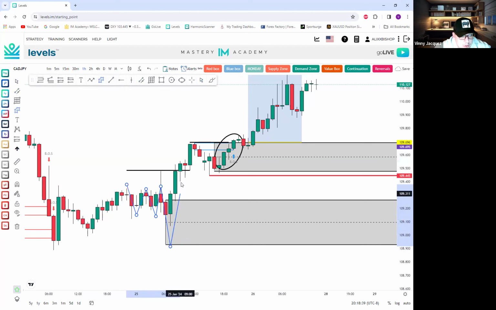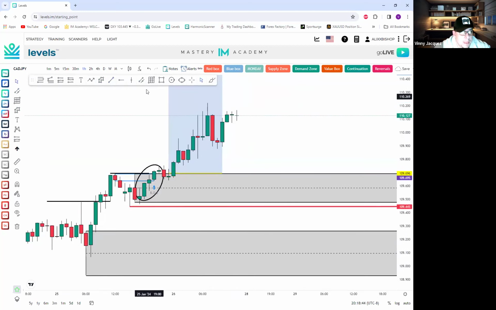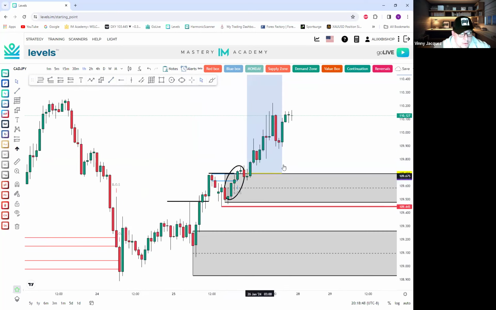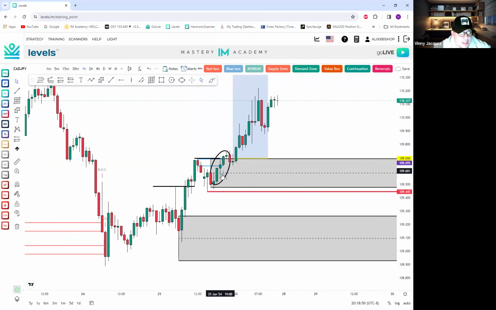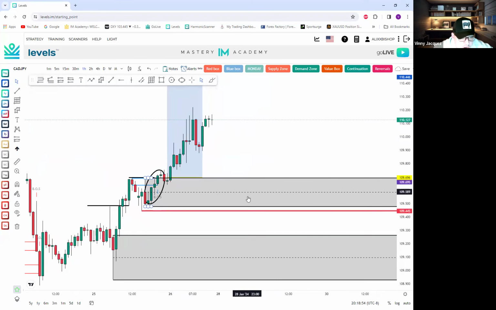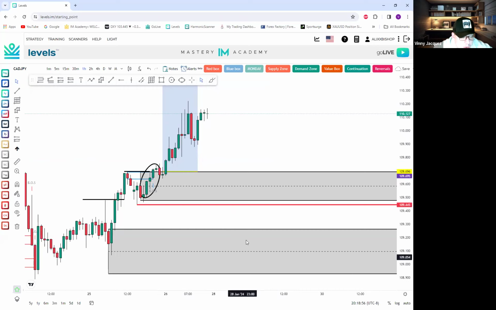Head and shoulder. Boom. Change of character. Market never comes back to that area. All this right here, liquidity. So don't be upset you missed this. You know what I'm saying? You are waiting, test trade, because we have a setup right here that can give us a nice solid smack too. You know what I'm saying?